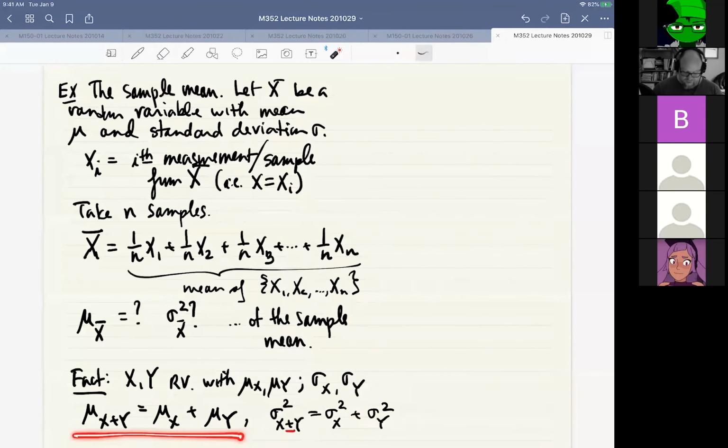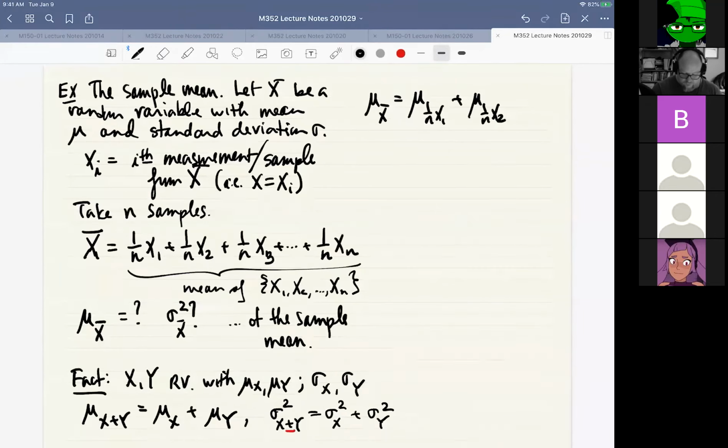So using this idea and applying it to this, I can say mu of the sample mean is mu of 1 over n x1 plus mu of 1 over n x2 all the way up to mu of 1 over n xn. And now using the idea on the previous page about scalars or scaling random variables, mu of 1 over n times x1, that's my scalar 1 over n. So that's just 1 over n times mu of x1.